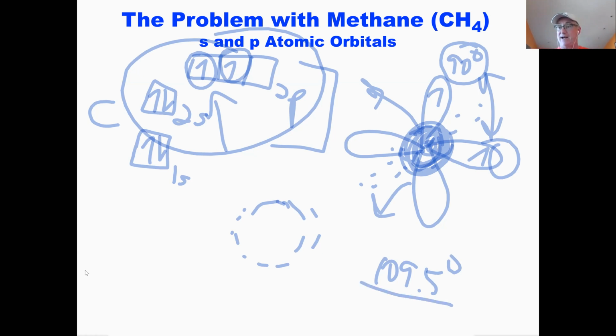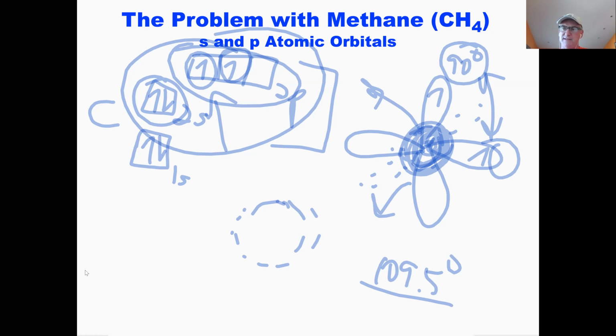They're all exactly 109.5 degrees from each other. So this orientation of our valence electrons is impossible. It cannot be that way. We'll talk more about it the next class. But yeah, all the angles and everything in the atomic orbitals do not match the molecule. So they can't be the same.